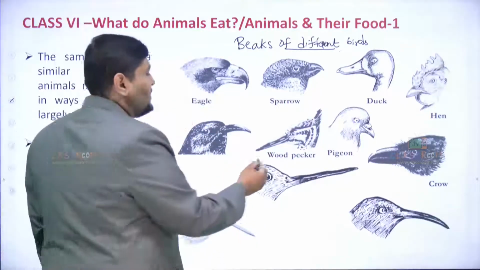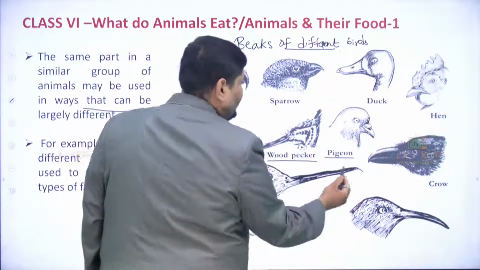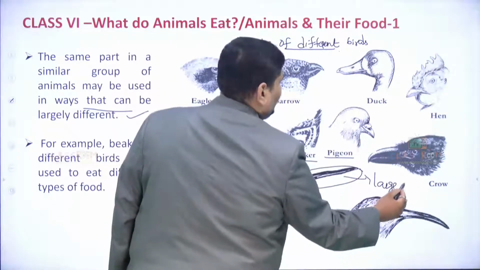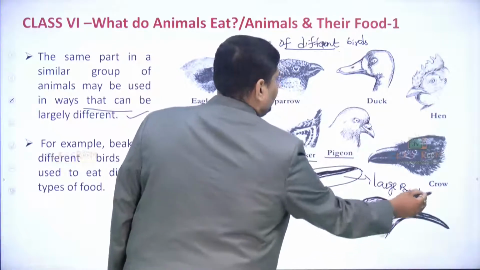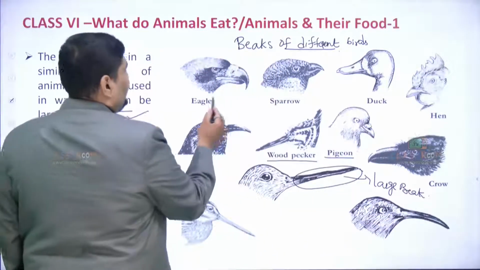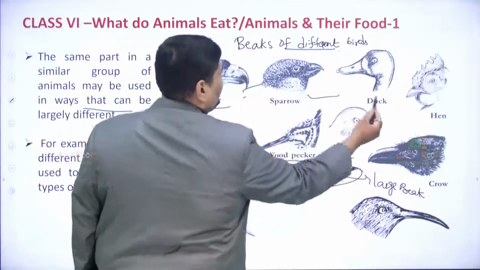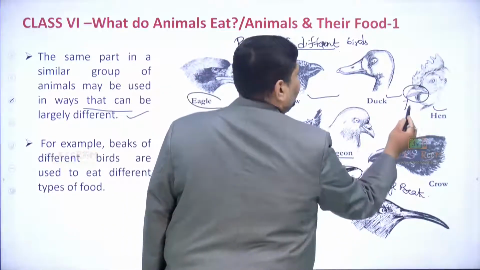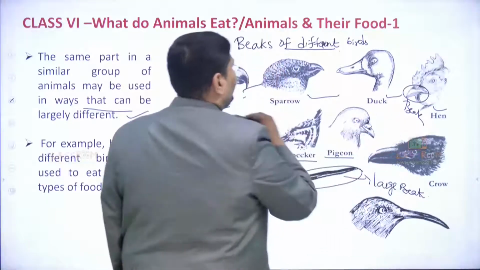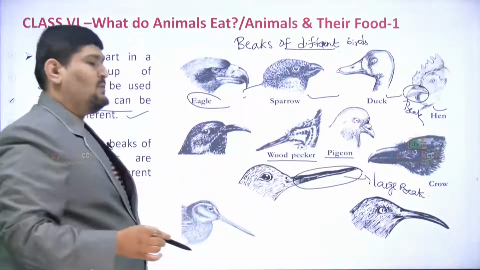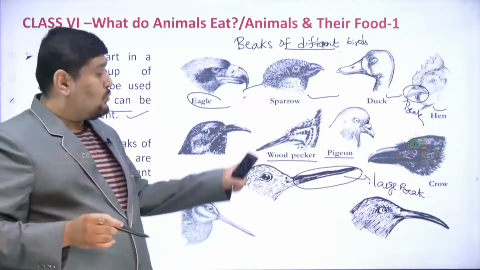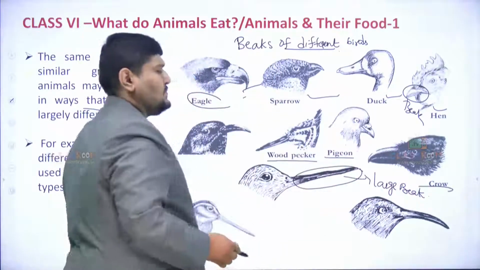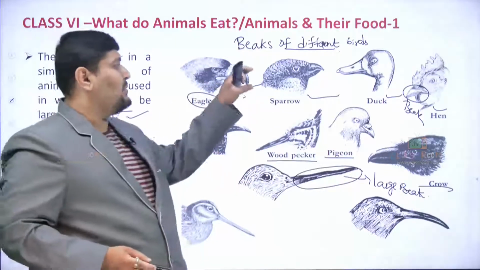You can find the woodpecker, the pigeon. Can you see this? A large beak compared to all, a larger one. Then you can see an eagle, sparrow, duck, hen, crow, and pigeon. These are the different birds.